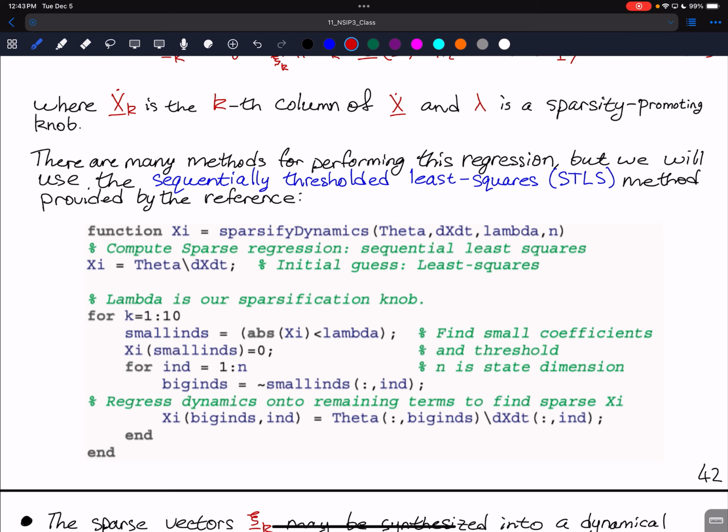They check to see which of those are small. They then set those to 0, basically rejecting terms that are not contributing to the response or only weakly contributing. And then they loop through this several times to try and find the minimum number of parameters and functions that are needed to reproduce the response.